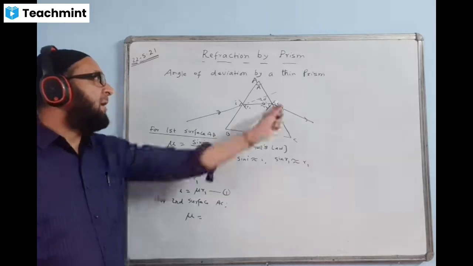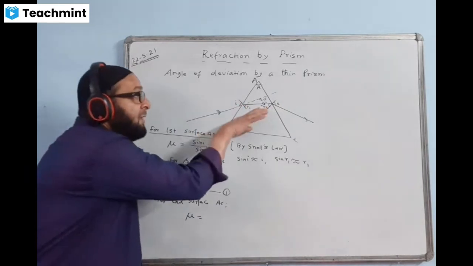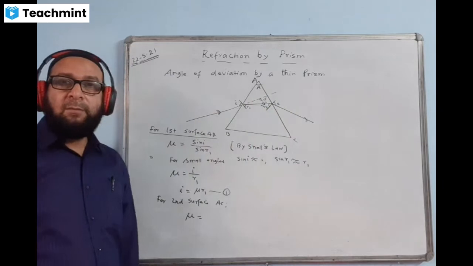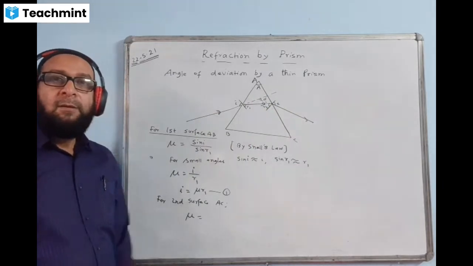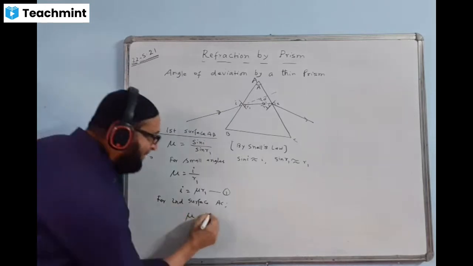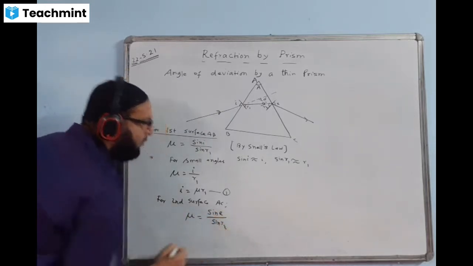Very good: sine of the rarer angle by the denser angle. Though the ray is actually going from denser to rarer, we always take it from the rarer to the denser way, as I told you last time. Thumbs up, Vaibhav. Mu is equal to sin E by sin R2.